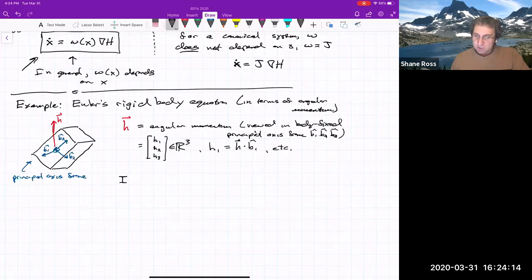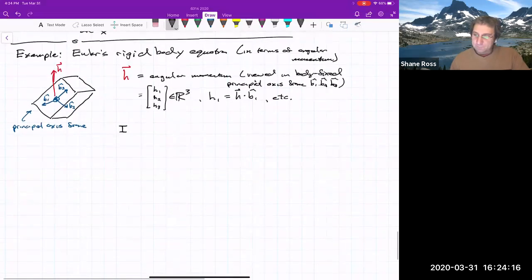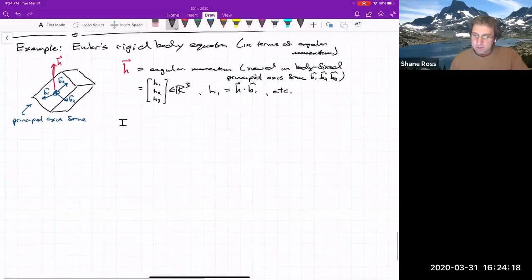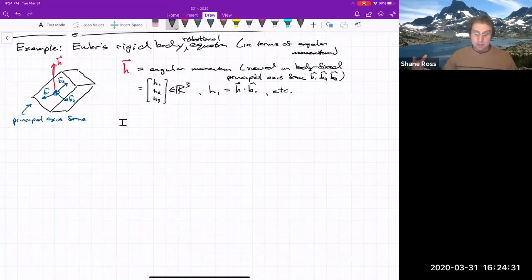For rigid bodies, what's important, at least for the rotational equations, and that's what we're talking about, is that the mass isn't as important as how the mass is distributed. And the way the mass is distributed, we write in terms of the moment of inertia matrix. So here I is the moment of inertia matrix.